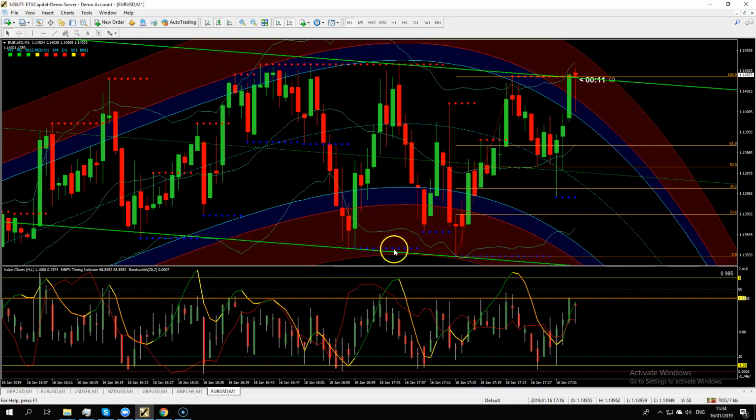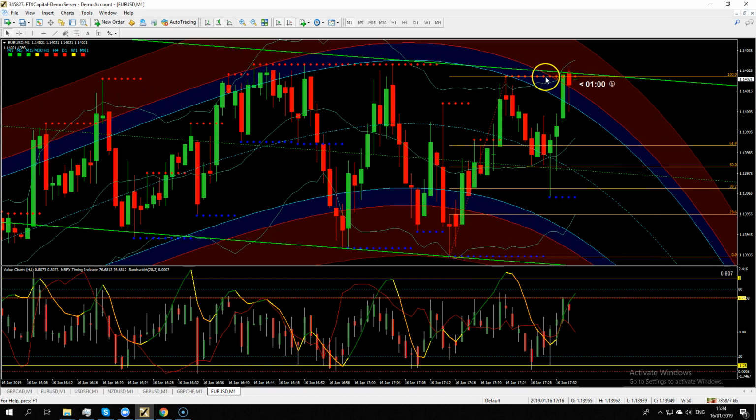Okay, so I've added in the support and resistance lines. Now you see these blue dotted lines here, and then we've got red dotted lines up here. The red dotted lines are the resistance lines, which is where price tends to find resistance and bounces off.